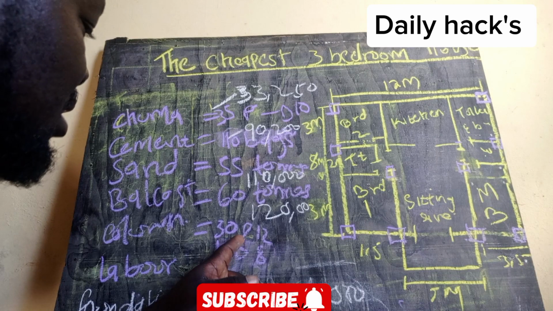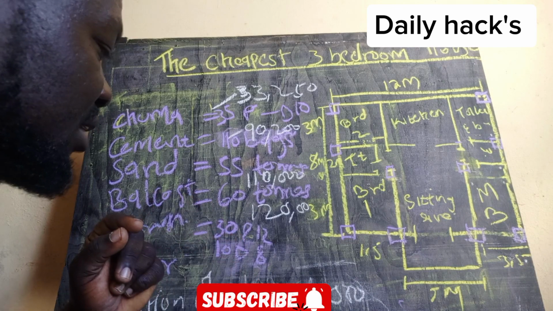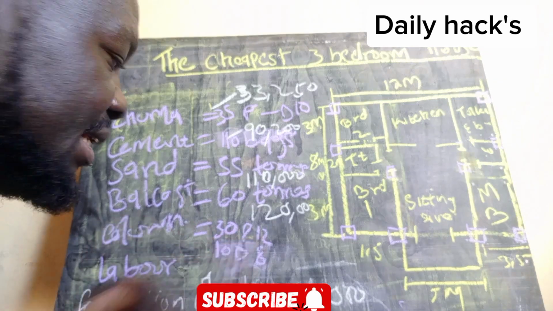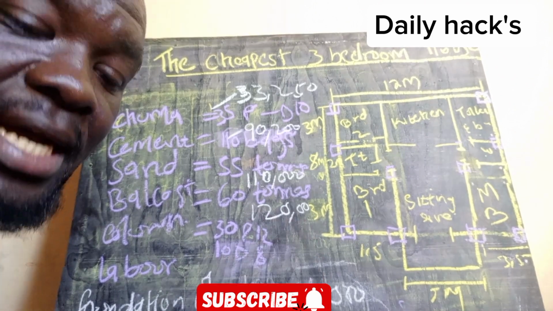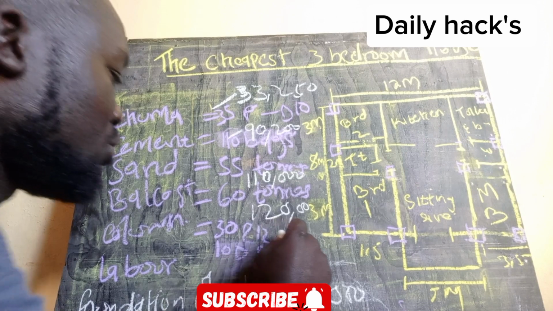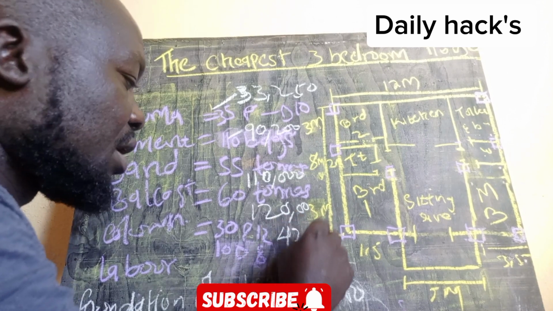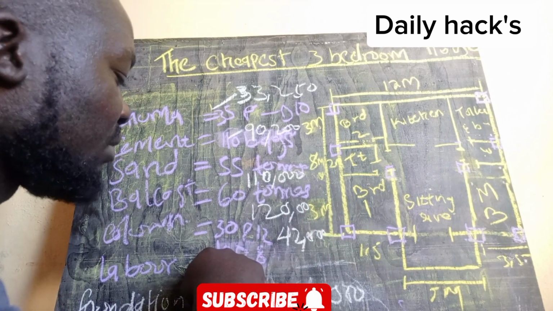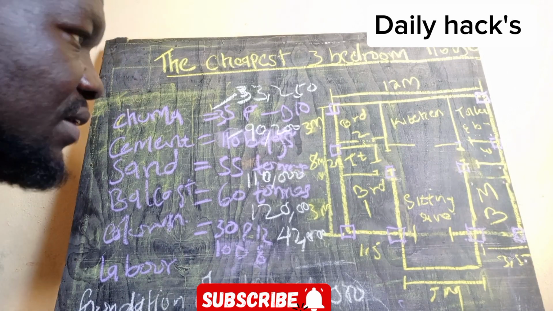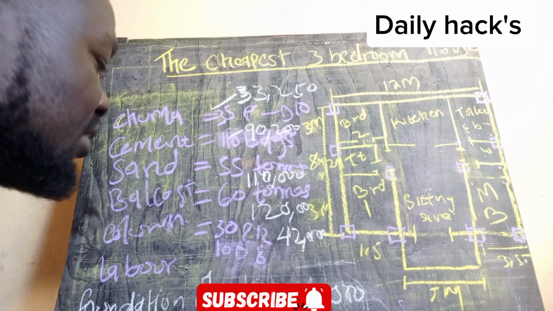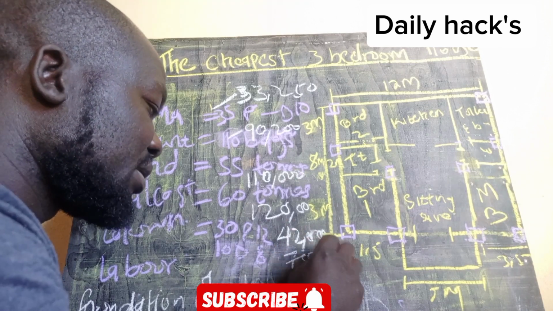The columns, we will need 30 pieces of D12, and they go for 1,400. So that will be around 42,000. And we will need 10 pieces of D8. They are going for around 700 shillings. So that will be 7,000.